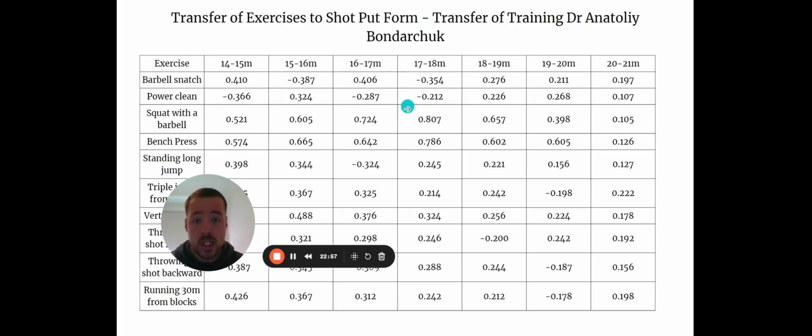Squat success will indicate shot put success to a relative degree of accuracy at moderate throwing distances, yep? But as you get to this top end distance, okay, it doesn't. There's no way to tell, yep? So there's a drop-off point, there's a point of diminishing returns for traditional concentric performance on shot put success.